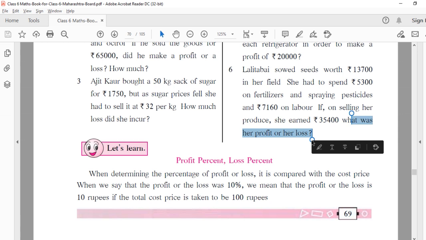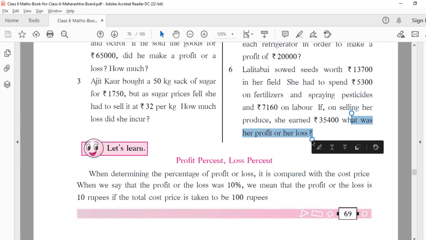You need to know the difference between per unit and total cost, per unit and total selling price. You should be able to understand from the problem whether the question says per unit or total, and what is the number of units. This will all be given in the question, but by reading the question you should be able to understand that.